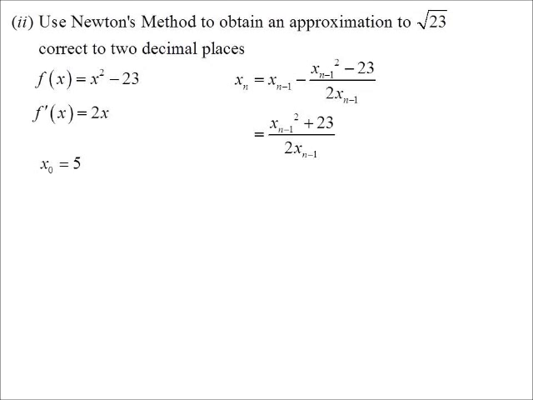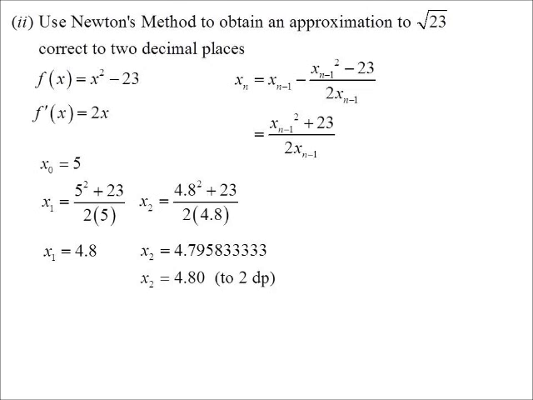So if I sub 5 into this formula I've created, I'll get 5 squared plus 23 on 10, 4.8. Sub in 4.8, 4.7958333 goes on forever, you know. So to 2 decimal places, I'm pretty confident the square root of 23 is 4.80.